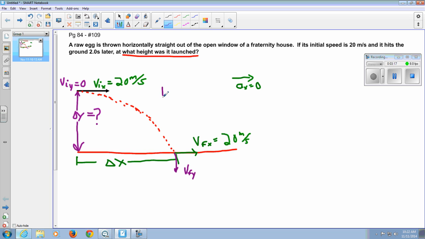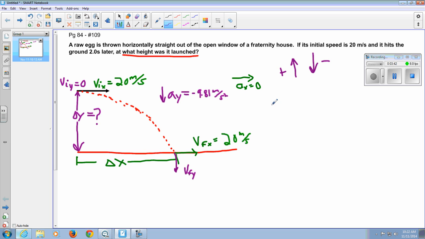I know my acceleration in the y direction. That's equal to negative 9.81 meters per second squared. And that's assuming that down is negative and up is positive. Okay?